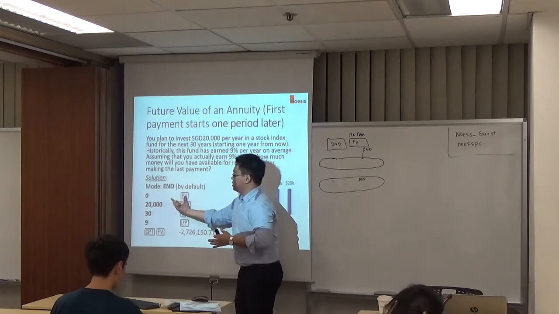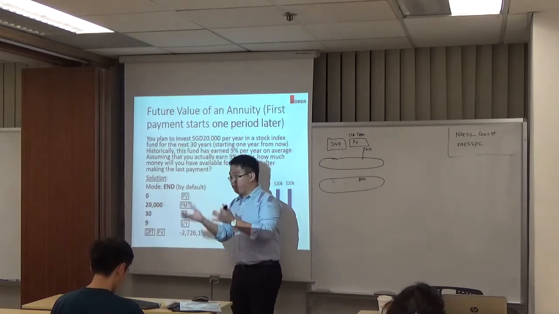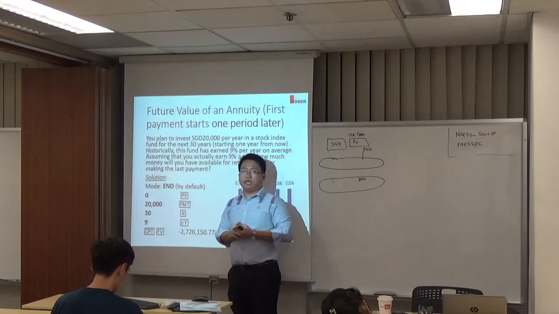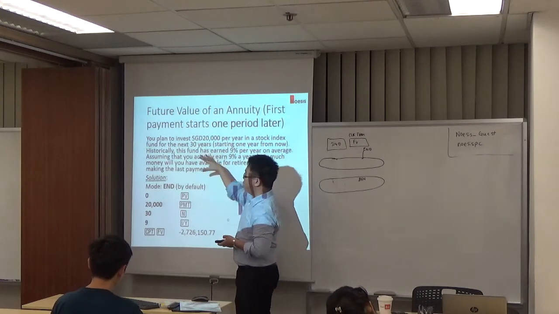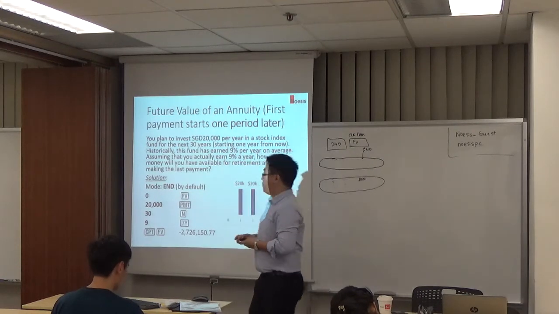So the $5,000 you will put into your PV. This PV is just a one-off sum that you invest today. Here there's no one-off sum, so I just put a 0. So be careful there.